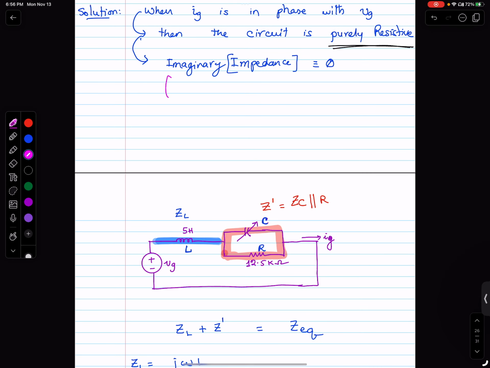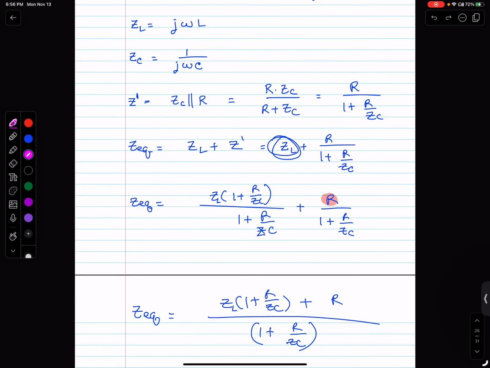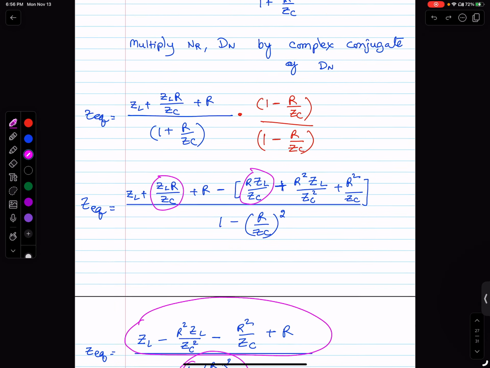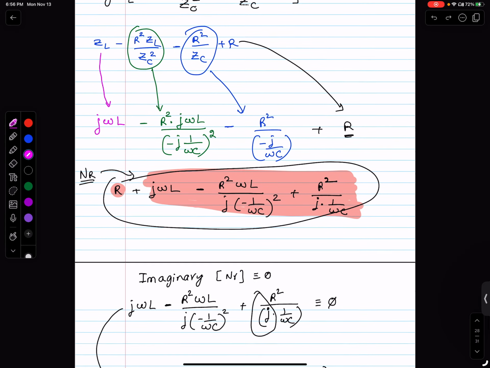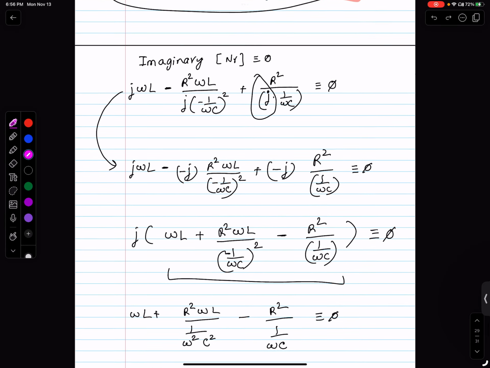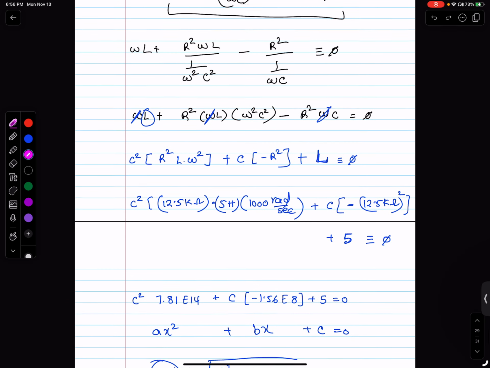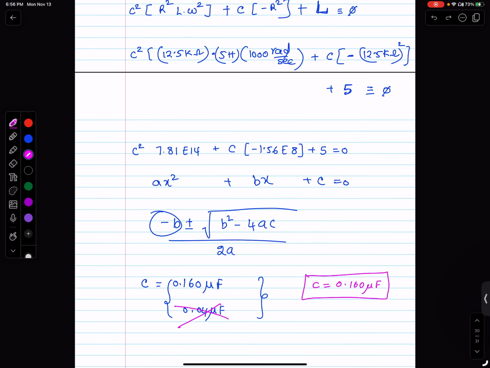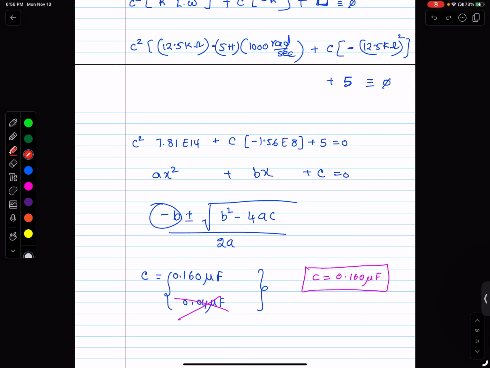It has no imaginary part. So I equated the imaginary part to zero, using simple series and parallel combinations, and you get a quadratic expression in C, which looks like this.